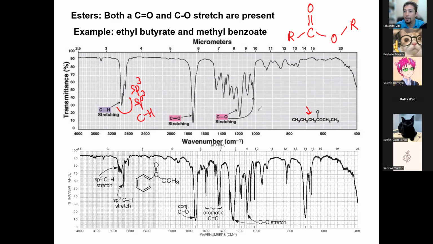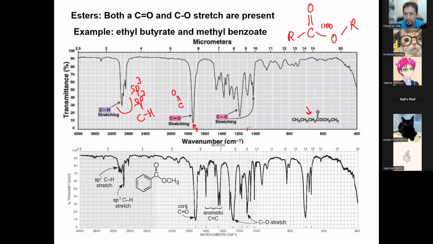If I have an ester, I'm expecting a carbonyl peak, right? Because there it is right here, carbon double bond oxygen. So let's go to 1700 and let's look for a strong signal. Look, it's right there. This is your carbonyl from an ester. And we're looking for the ether. And based on the previous example, I told you that ethers were found at around 1100. So let's go to 1100.